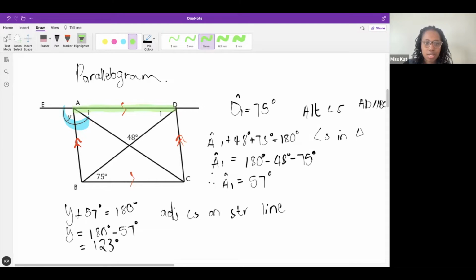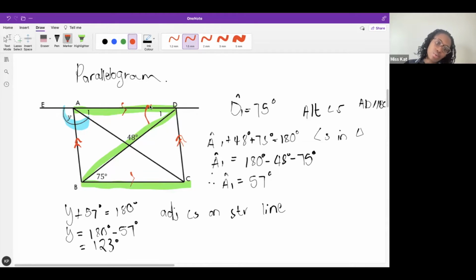So if you look here and you do that, there is our Z. This one, which is 75 degrees. Ma'am, angles on a straight line add up to 180 degrees. No, that's not incorrect. We said that is correct. 100% I would mark you right.